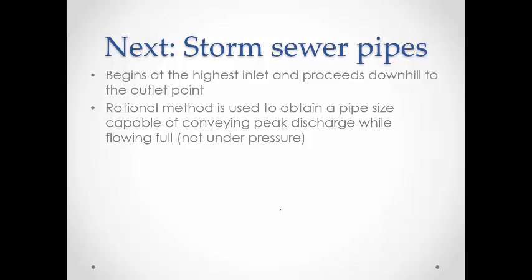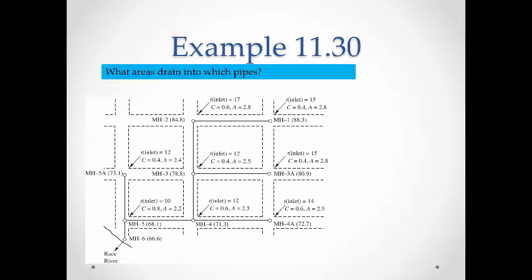So you use the peak discharge to calculate the conveyance structure, which is the street, but now all of that goes into the inlet structure, and from the inlet structure you now have pipes that convey that runoff.